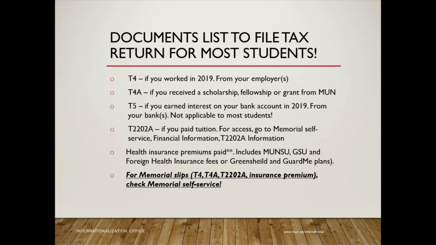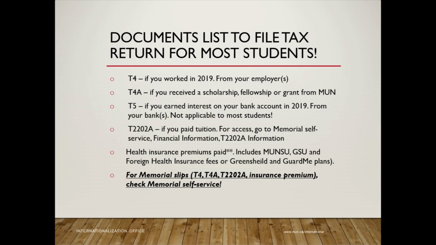In case you are eligible to get the T5, the bank will send the form directly to you, and they will also notify you through online banking. So if you didn't get any notifications or any post, chances are that you may not be getting any T5, so you won't need to worry about that.